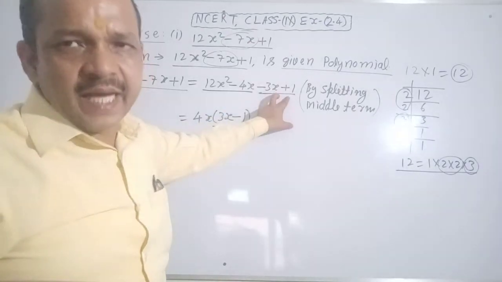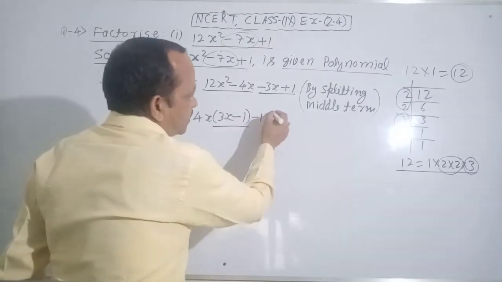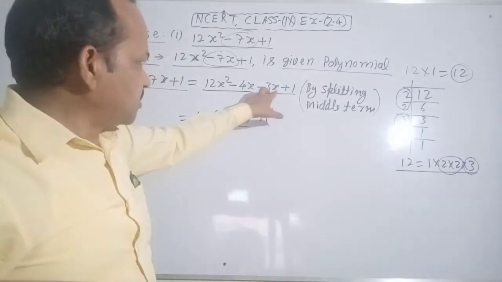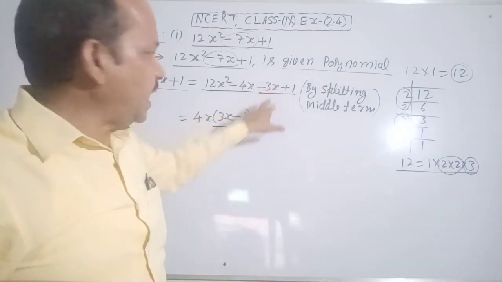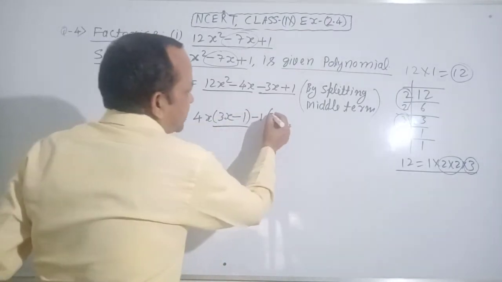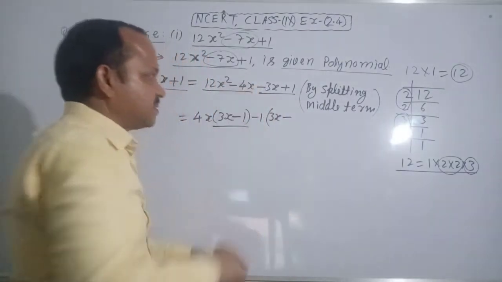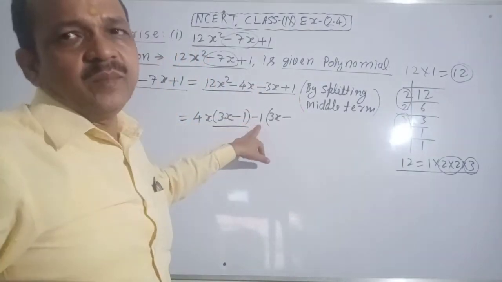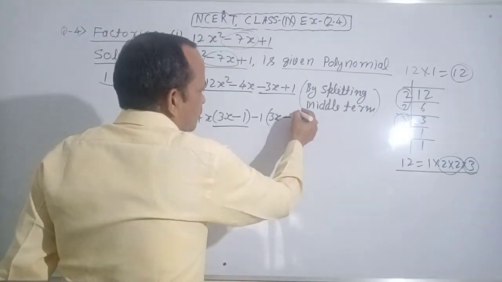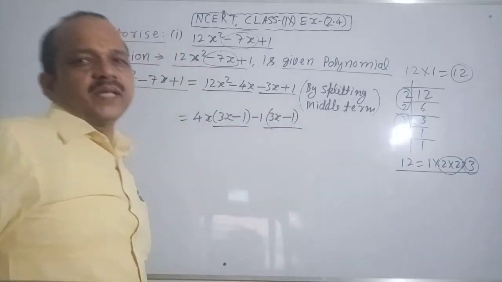In the second pair you take minus 1 common. Here 3x and here minus 1, so you can write 3x minus 1 in the second bracket.